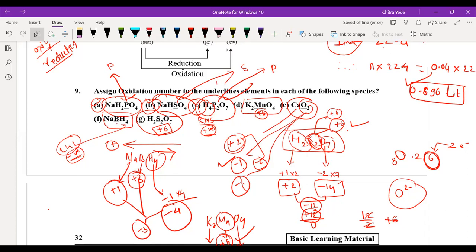Are you calculating, everyone? Ritvik? Yes, sir. Calculate.